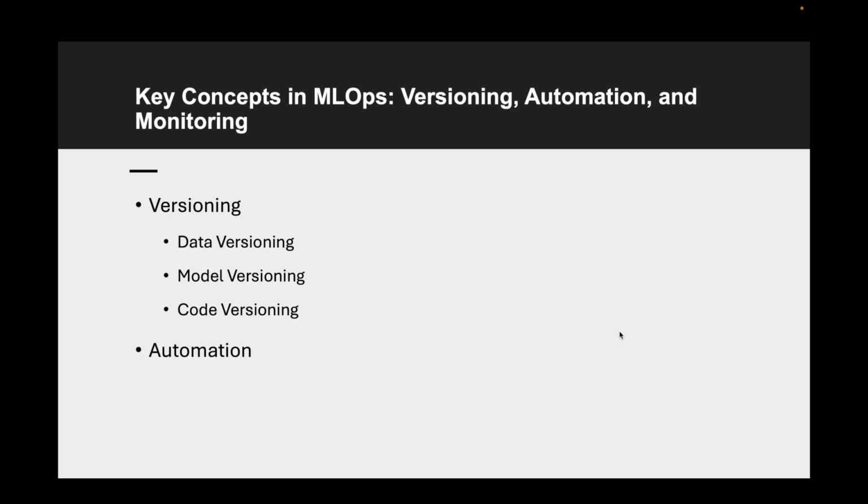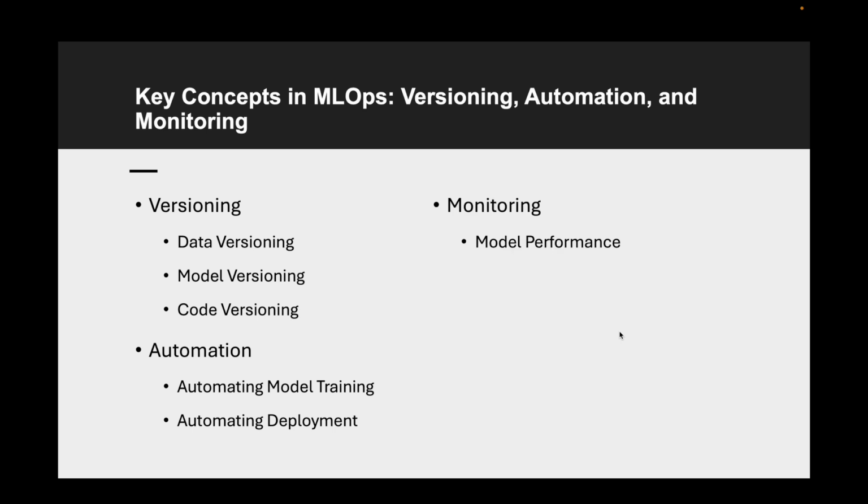Next is automation. In automation, we have automating the model training, which is automatically retraining models based on new data or performance metrics. We also have automatic deployment, which is CI/CD pipelines for automatically deploying models to production. Then we have monitoring, where we have model performance, monitoring the accuracy, latency, and other performance metrics of models in production.